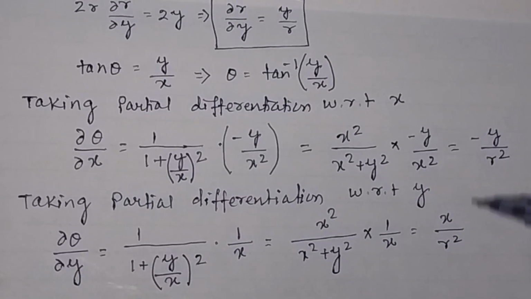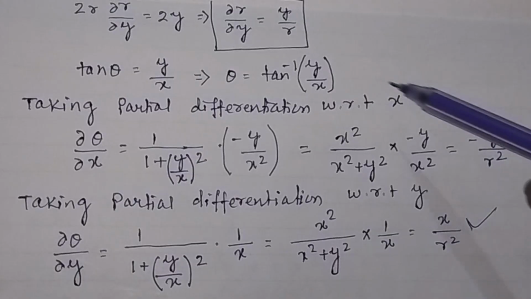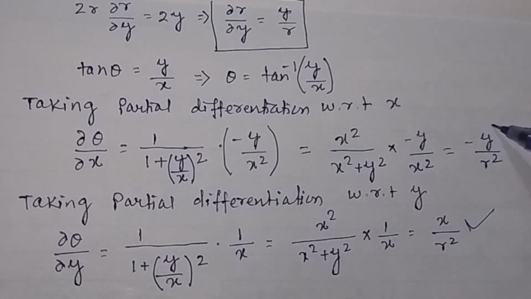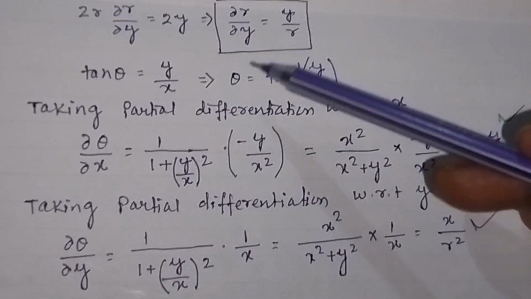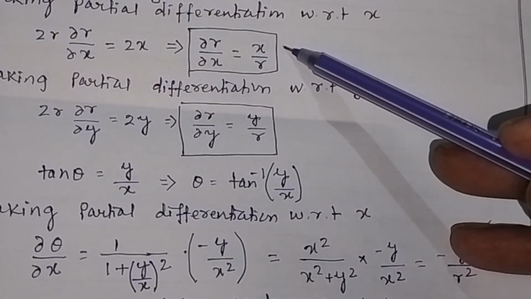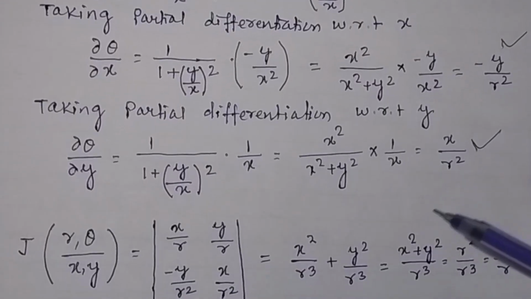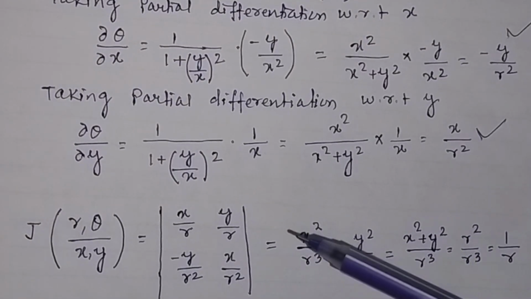So now you have partial derivative of theta with respect to y, partial derivative of theta with respect to x, and partial derivative of r with respect to x, and partial derivative of r with respect to y. Now you put the values in the Jacobian.